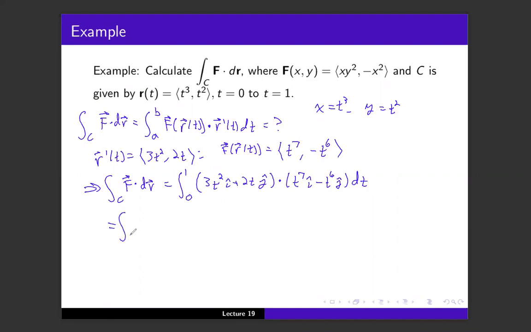This is the integral from 0 to 1 of, in this case, 3t to the 9th minus 2t to the 7th dt.